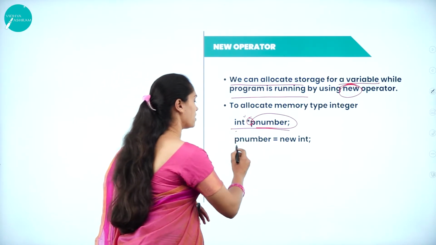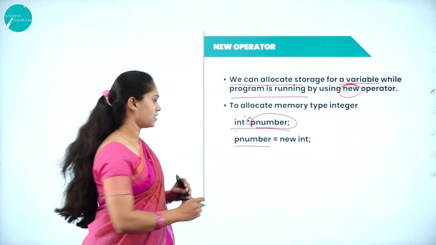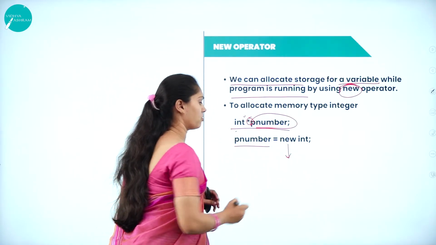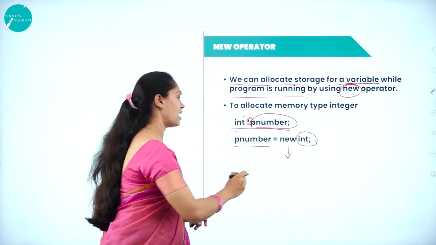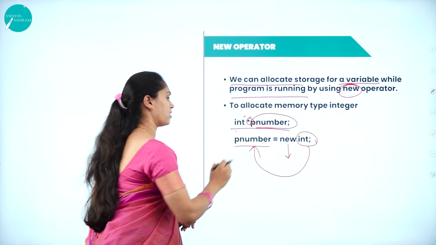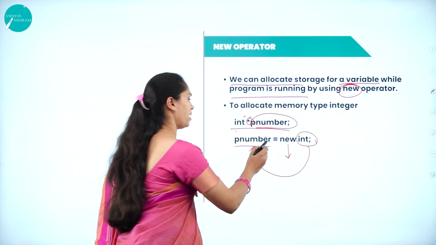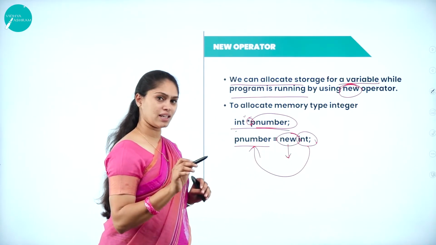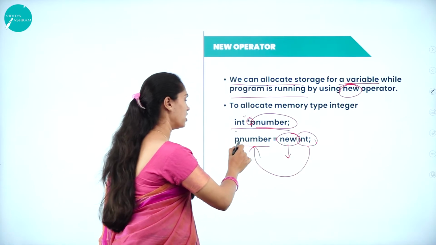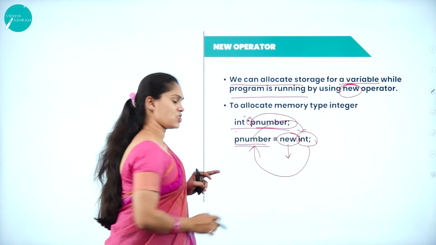We'll see now. First I have to take the pointer variable, equal to, and the new operator, and I must specify the data type for this pnumber. So I am allocating the memory space dynamically by using the new keyword to the pnumber variable of data type integer.